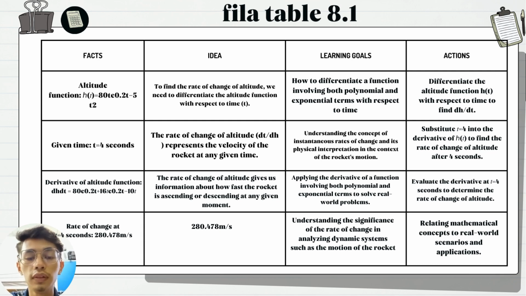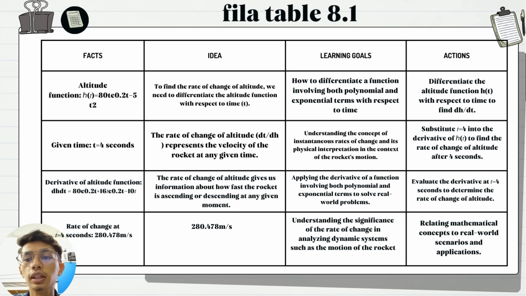So for the first set of answers, the fact is the altitude function h(t) equals 80t e to the power of 0.2t minus 5t squared. From the fact, we get the idea, which is to find the rate of change of altitude, we need to differentiate the altitude function with respect to time.